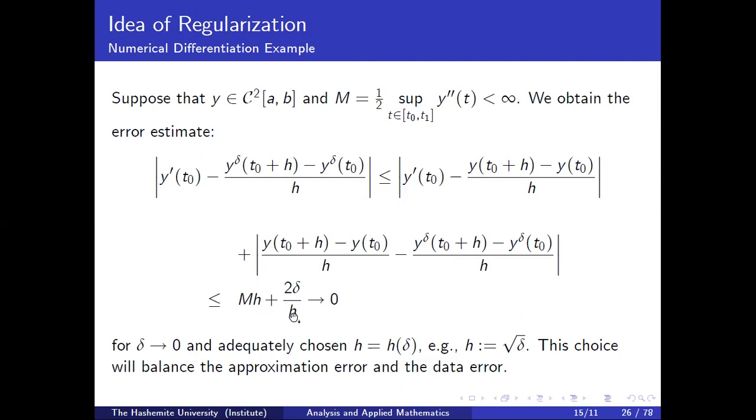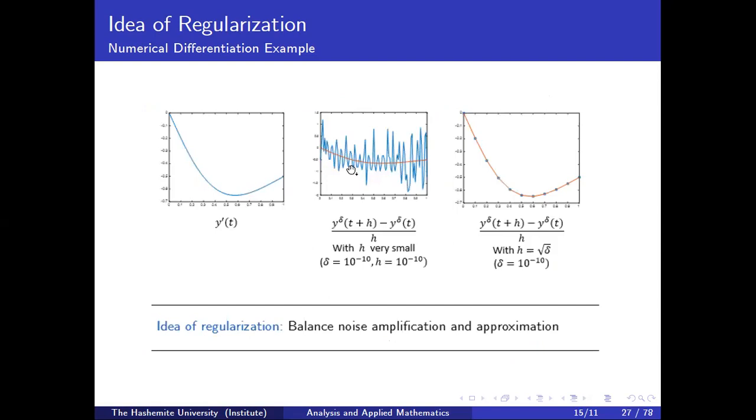As h goes to 0, this will go to infinity. So this is the problem. If we choose a small h, we will get a more accurate formula, but there is no guarantee that this accurate solution will go to the exact solution. And if we have a very small h, we will have a damping here.